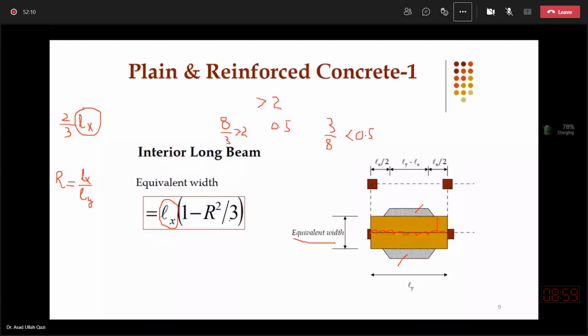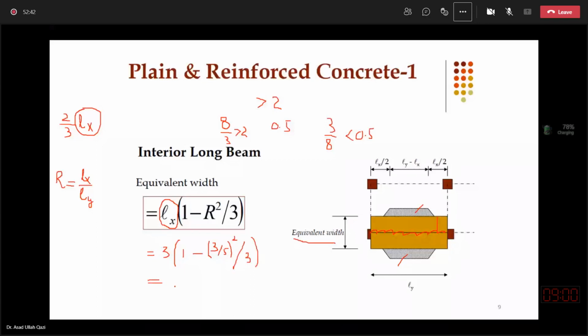For our example problem, I selected Lx as 3 meters, and 1 minus R, where I selected 3 over 5 as Lx over Ly. I will take the square of it, then divide it by 3. What will be the equivalent width for our assumed panel?